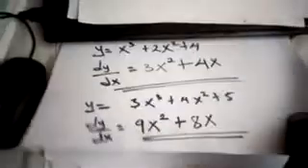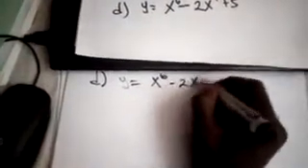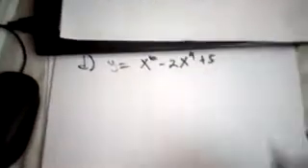Okay, let's do the last one, and then I leave you with some number to try out when you are in your free time before we continue to another lesson. So part D, we are having y is equal to x power 6 minus 2x power 4 plus 5.